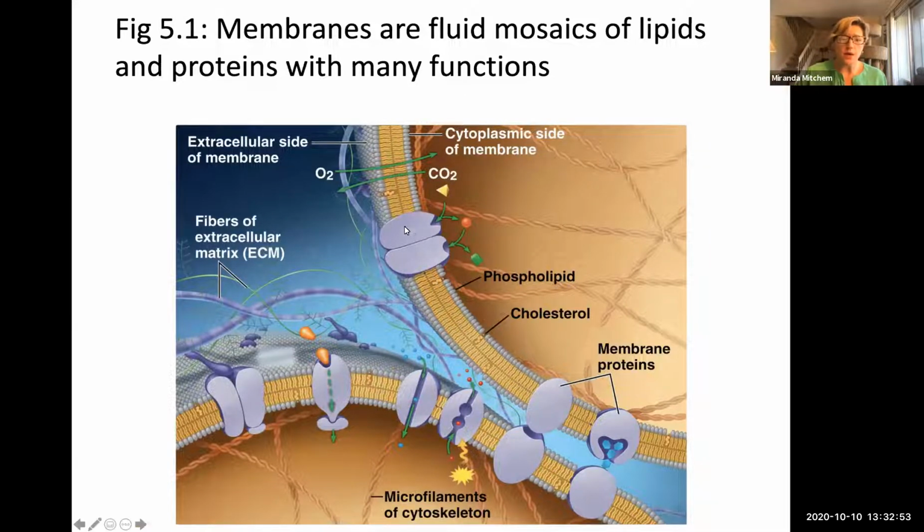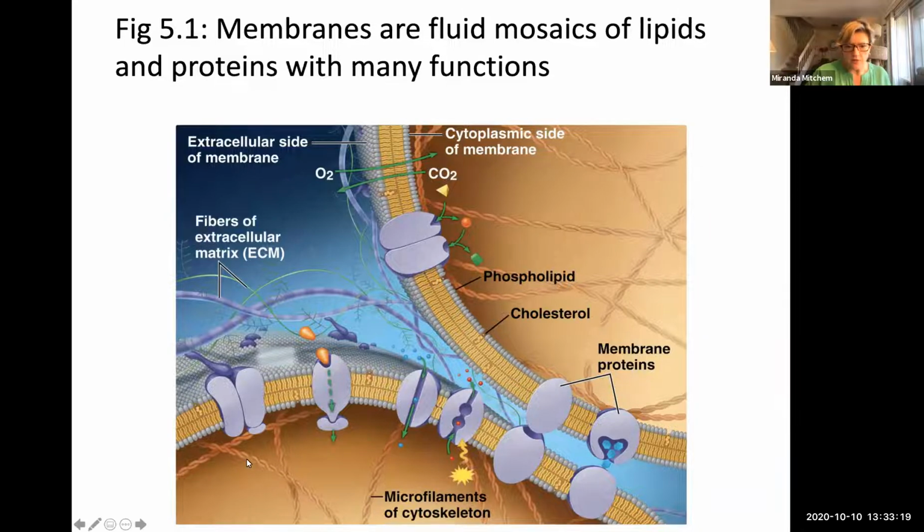So looking here, we've got a number of different proteins that are dispersed through the membrane. Each of these represents a different category of protein, and we will learn those. We'll learn their names, but more importantly, we'll learn about the functions of these different proteins that are present.